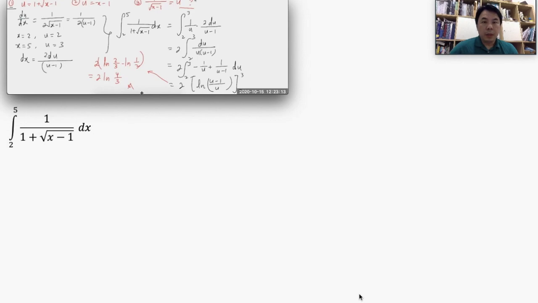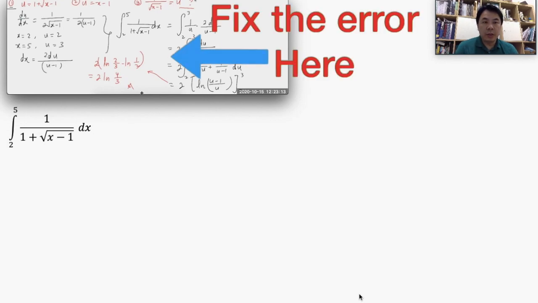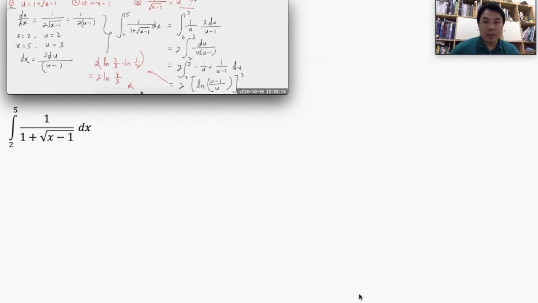Now, today our task is to try to fix this error on my left hand side. I've been working on integration by substitutions on this topic.